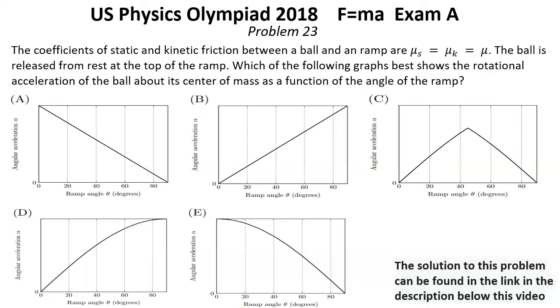It means that choice B impossible and choice D impossible. So we have only choice C left. And we see that here we have increasing angular acceleration with the angle increasing till some critical angle, and after it's decreasing to 0. So that's the solution for problem number 23.